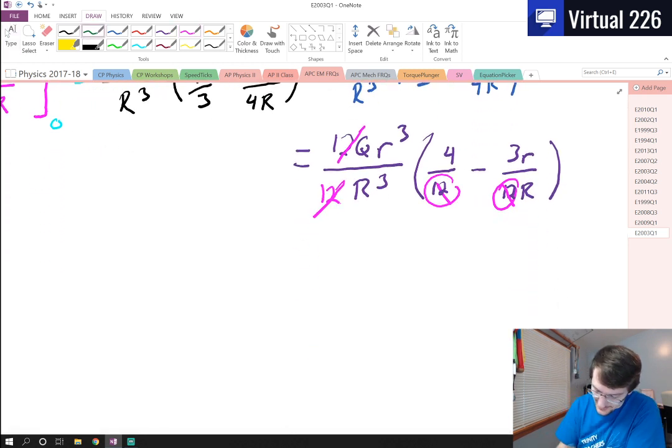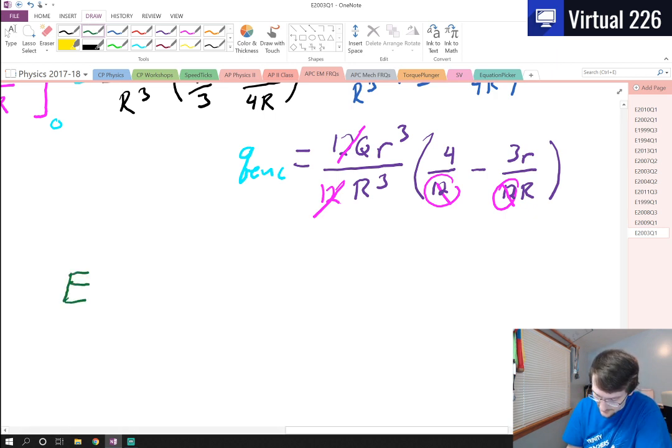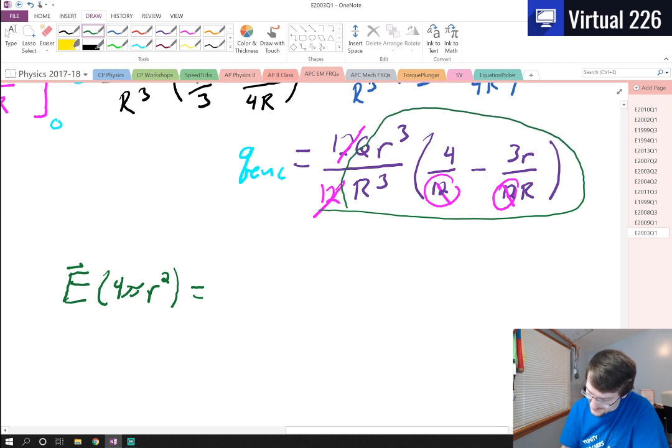And that means what I now have in total, because remember, this here was just the charge enclosed. Oh, a lot of math for charge enclosed. This is just, remember, the electric field times 4 pi r squared equals this whole thing.